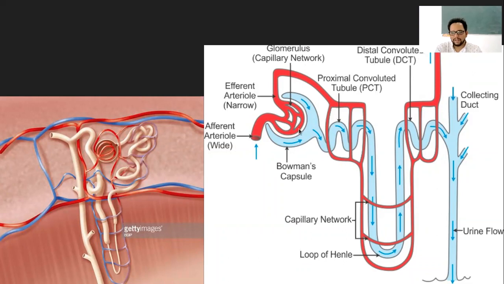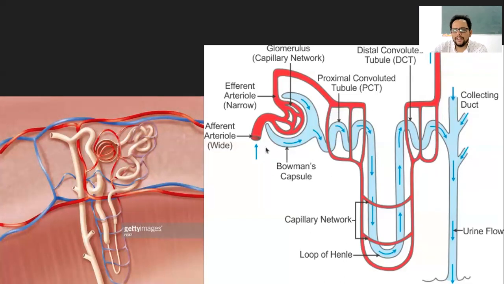So this way, the nephron is divided into two main parts, renal corpuscle and renal tubule. Corpuscle is divided into glomerulus plus Bowman's capsule, and the renal tubule is divided into PCT, loop of Henle, and DCT. So these are the three main parts.